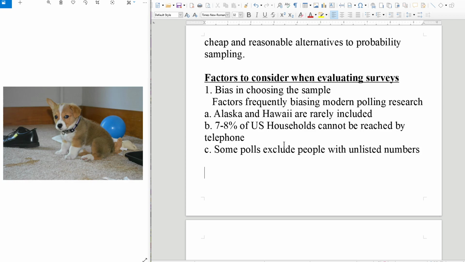Then the good polling firms randomly generate the last 4 numbers of the telephone number and call that number. So it doesn't matter, listed or unlisted, it's going to call the number.